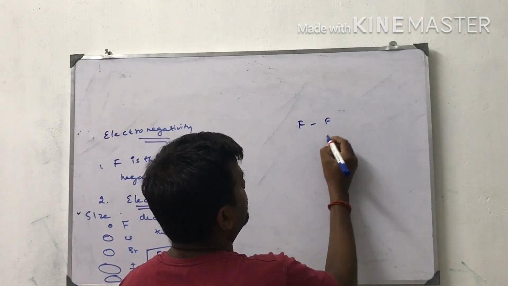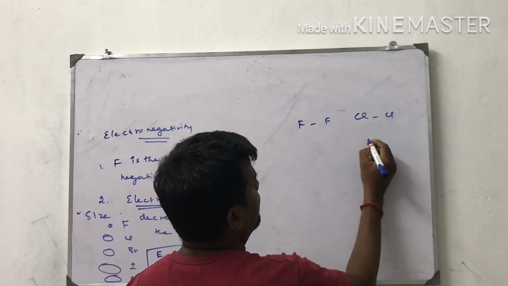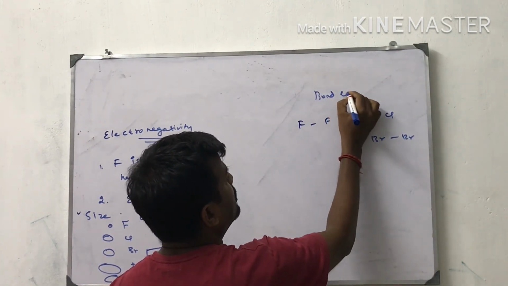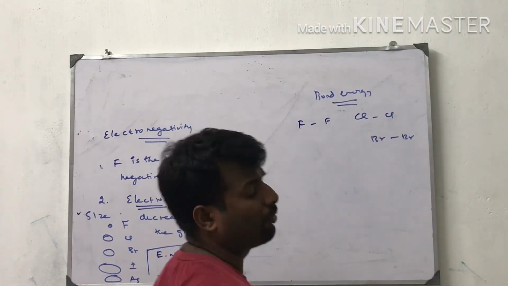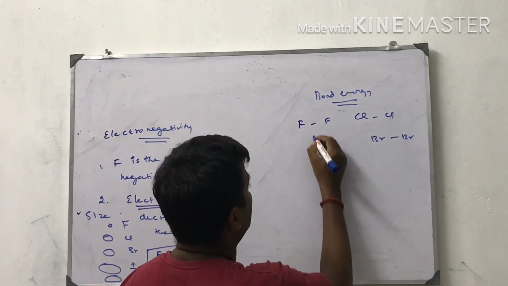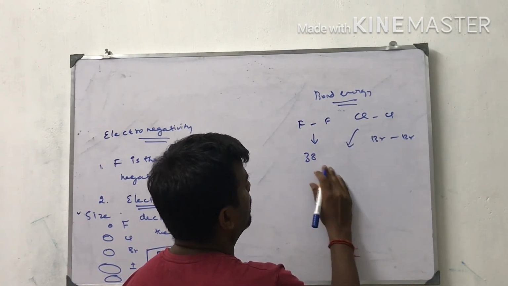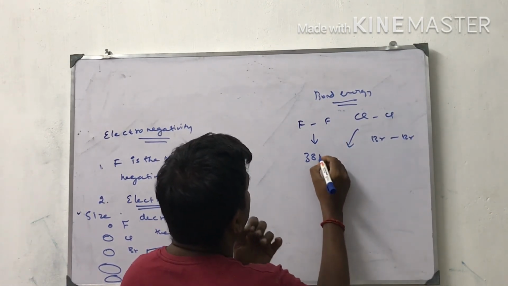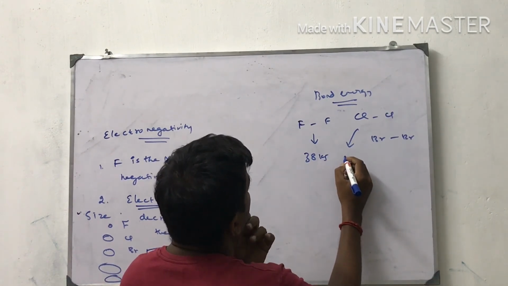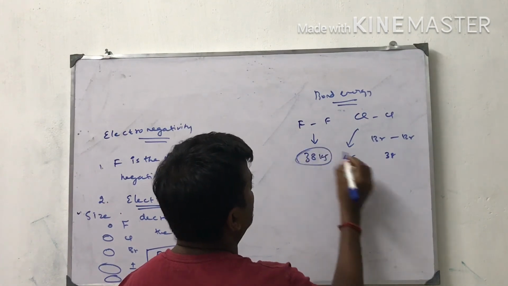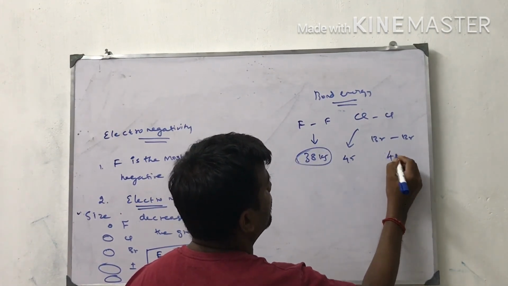Fluorine bond and chlorine bond, bromine bond. Bond energy means the energy required to form the bond, right? The fluorine bond is 38 kilojoules per mole, here it is 45 and this is 38. Okay. Why is the bond energy 43?